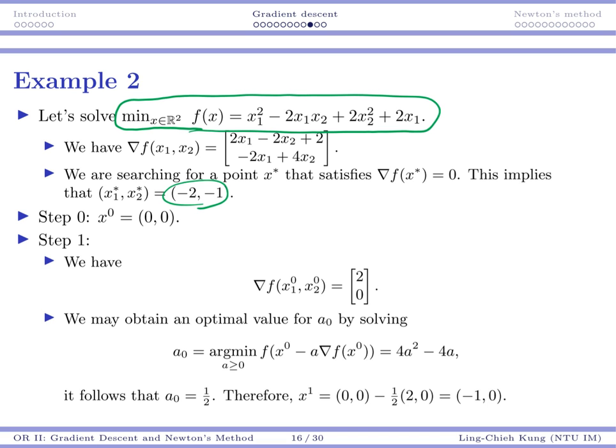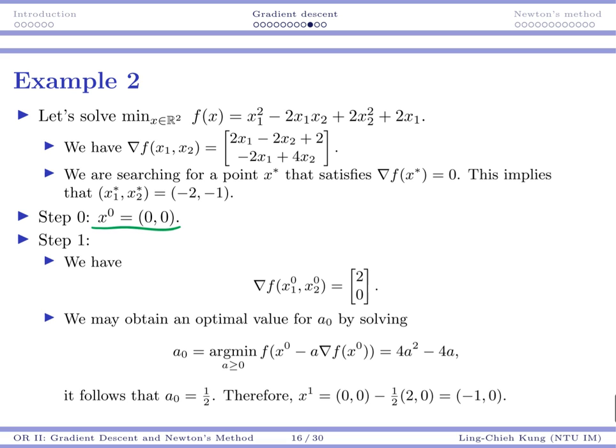Now this is possible to be shown, but here we're going to ignore this part because we don't have enough tools to talk about this. We just want to use this example to show you how the numerical calculation for gradient descent may be done, and also how it converges to a first order point.